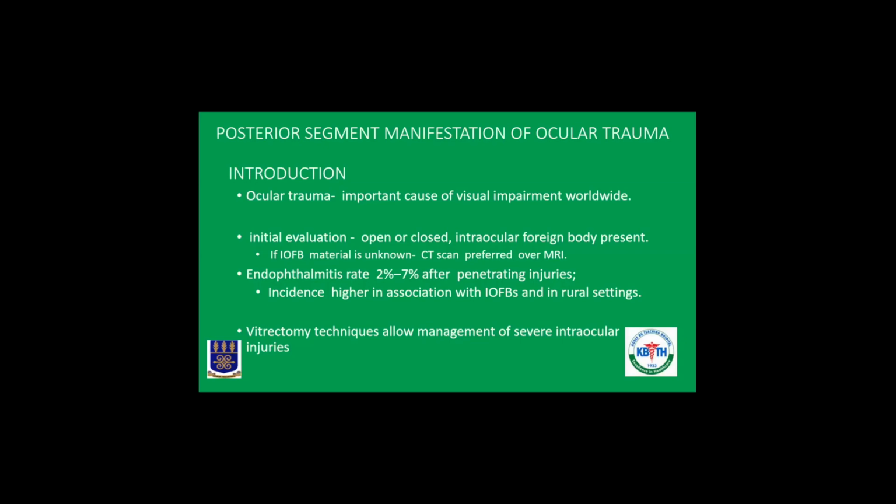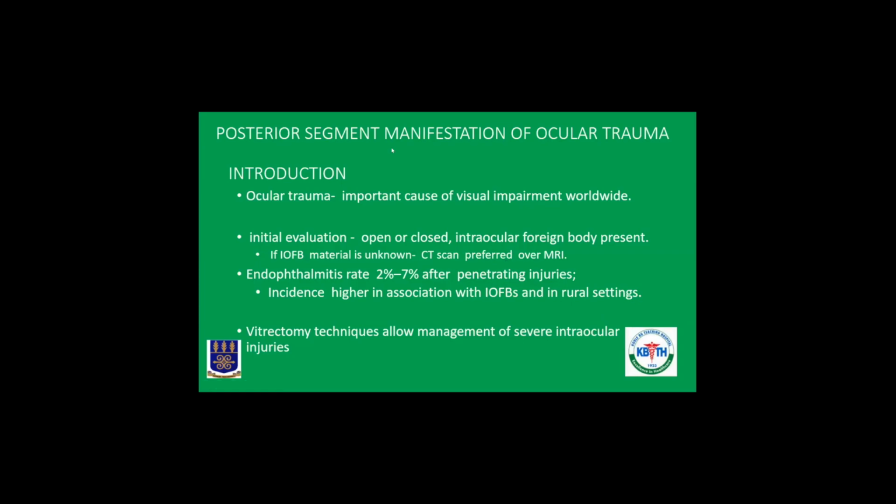Imaging is an important modality in our evaluation of the ocular trauma patient. Apart from helping us know the various damages to the eye structures, it can tell us whether there's a foreign body or not.